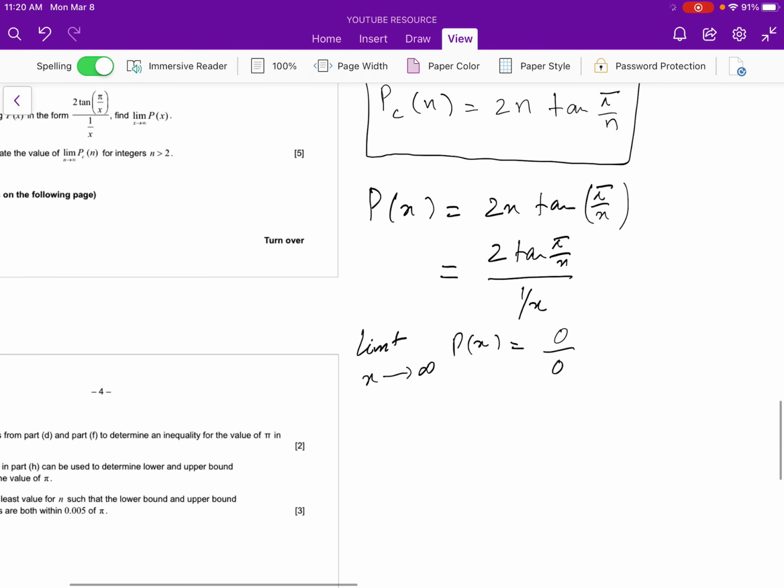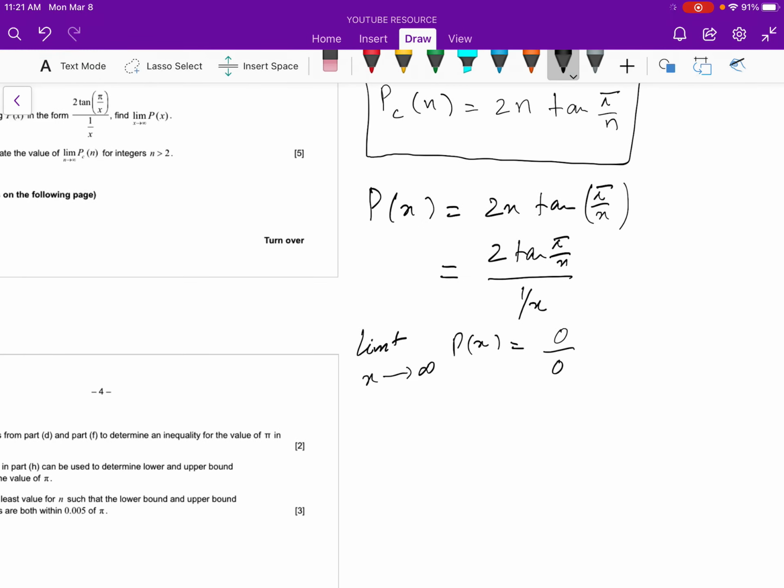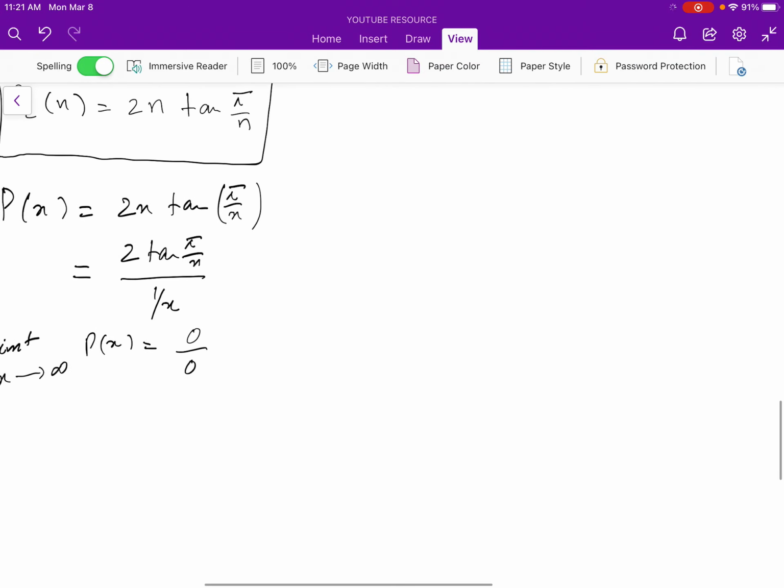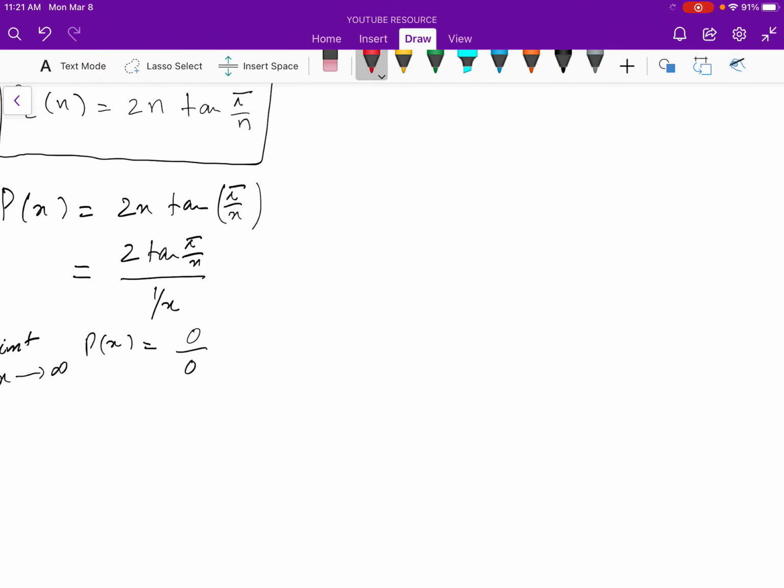For L'Hopital's rule, we have to differentiate both the numerator and denominator. So we can apply the rule then.